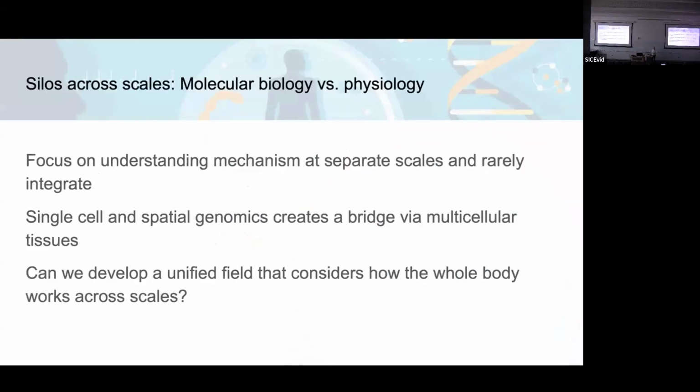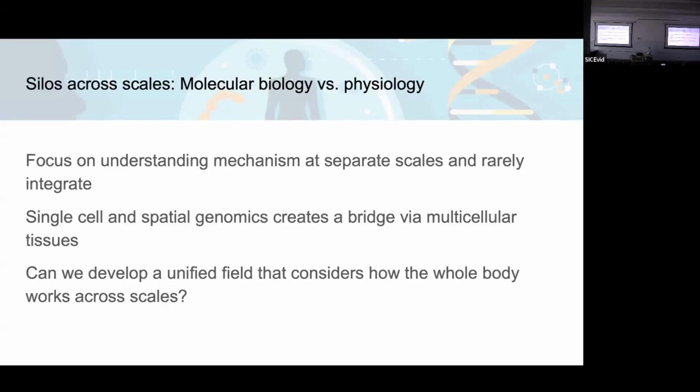One of the things that we realized in discussions in this working group is that people who are trying to understand the human body have done so in various different fields, and these fields have typically been quite siloed. For instance, molecular and cell biology have really focused on the scale of the molecules to the cells, and physiology and medicine has typically focused on anatomy, gross anatomy level and higher, and frequently they don't talk to each other very much.